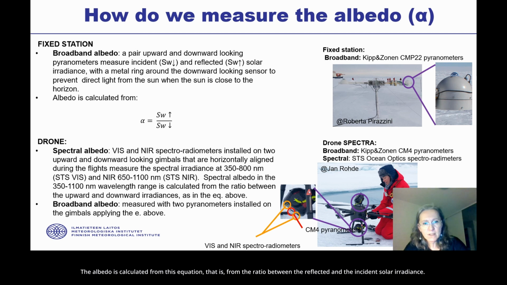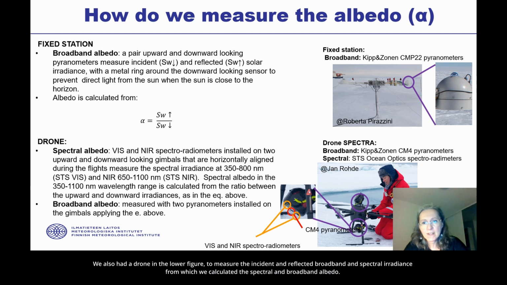And the albedo is calculated from this equation, that is, from the ratio between the reflected and incident solar irradiance. We also had a drone in the lower figure to measure the incident and reflected broadband and spectral irradiance, from which we calculated the spectral and broadband albedo.